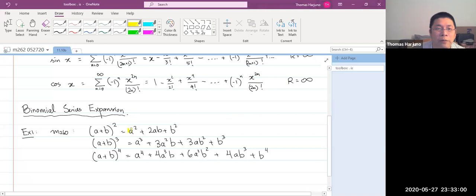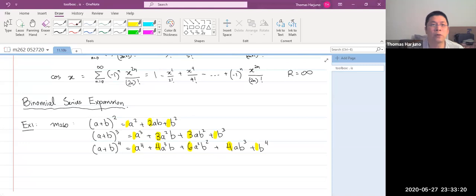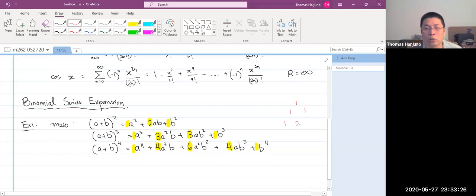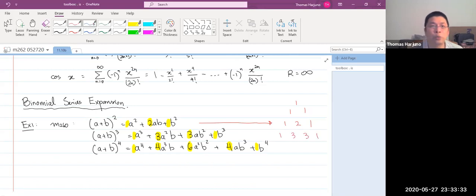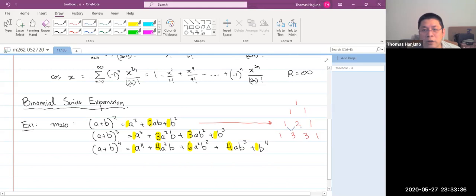Notice the coefficients 1, 2, 1 for (a + b) squared, 1, 3, 3, 1 for the cube, and 1, 4, 6, 4, 1 for (a + b) to the 4th, and that follows Pascal's triangle: 1; 1, 1; 1, 2, 1; 1, 3, 3, 1, which we get from adding the previous middle two terms.